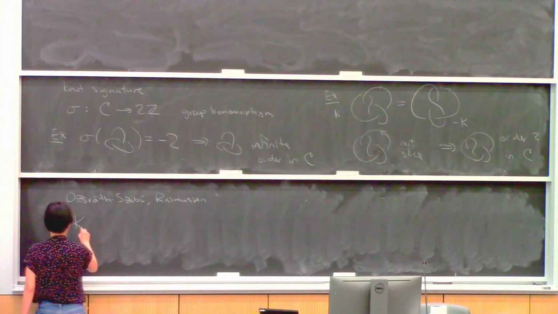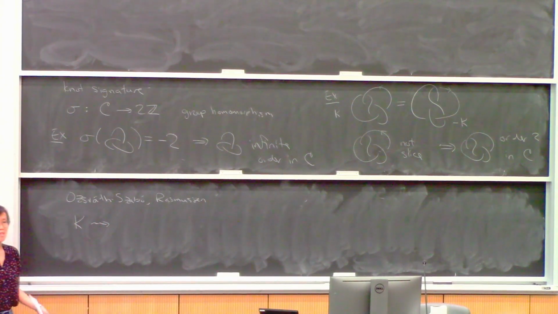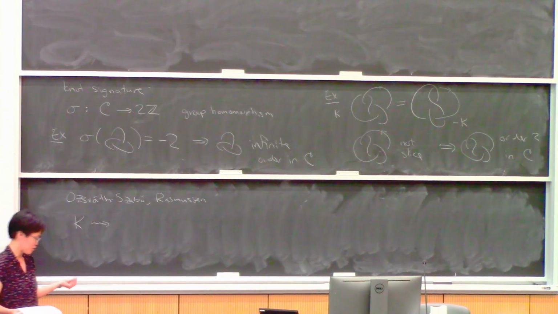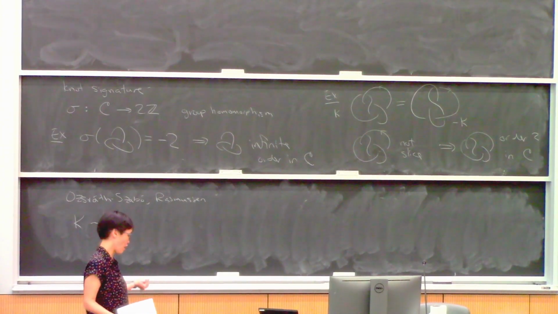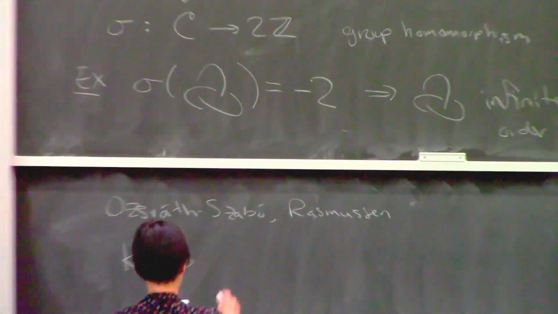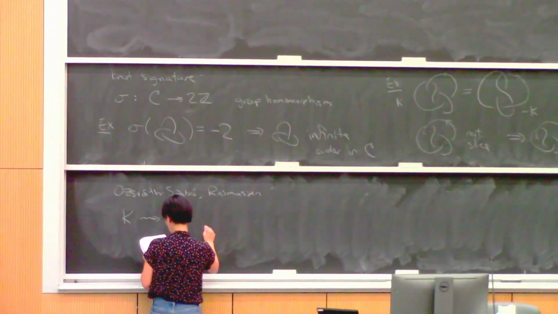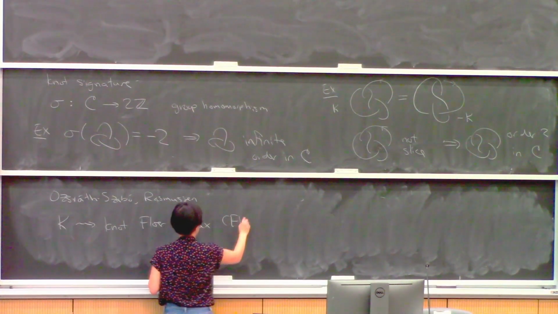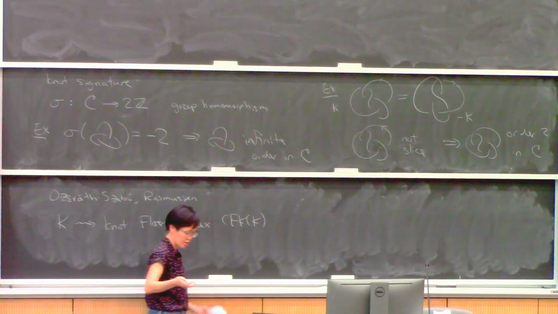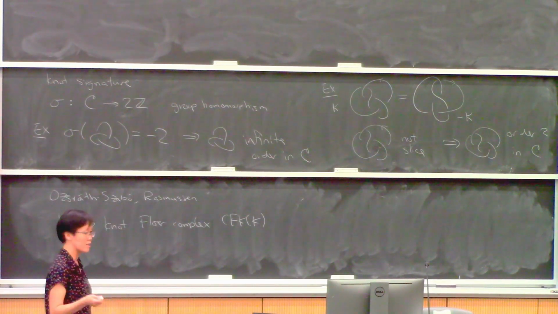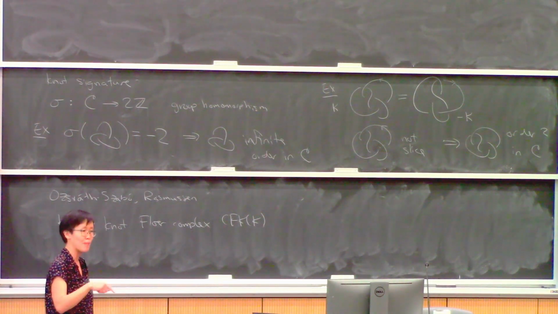To a knot, they associated some algebraic object. In this case, the algebraic object is a chain complex. Maybe you've seen chain complexes in algebraic topology, maybe over vector spaces. These chain complexes happen to be over polynomials. A chain complex is a vector space or a module together with an endomorphism, a self map, that squares to 0.